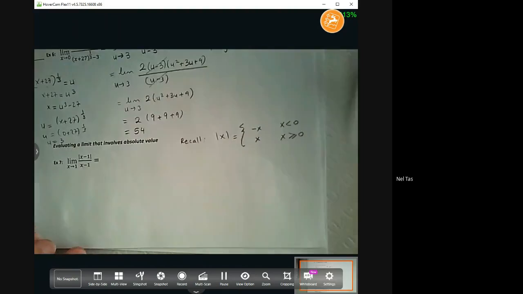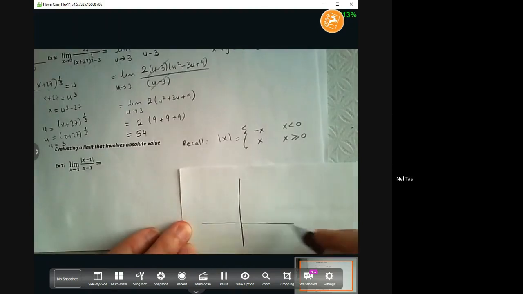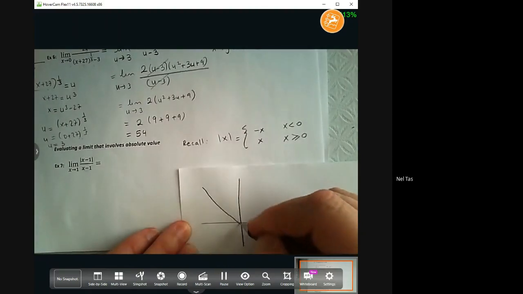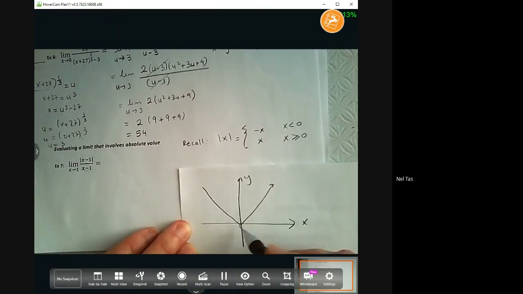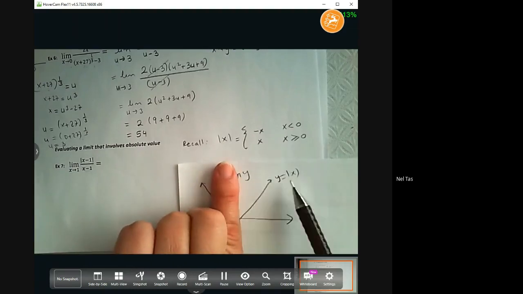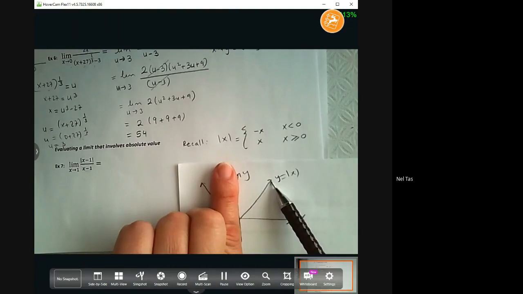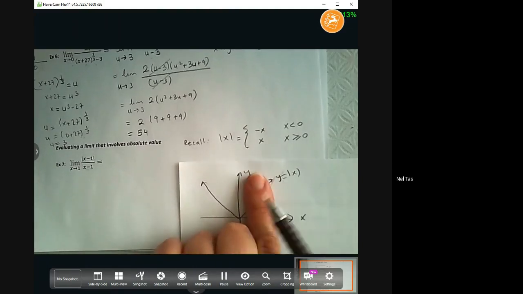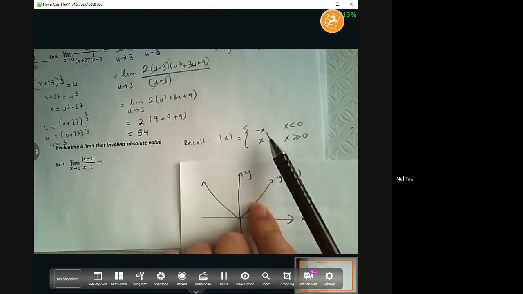So let me sketch the absolute value of x here quickly, just to remind you. Okay, so that is y equals absolute value of x. As you see, when x is greater than or equal to 0, you get the y equals x line. When x is less than 0, you get the y equals negative x line.